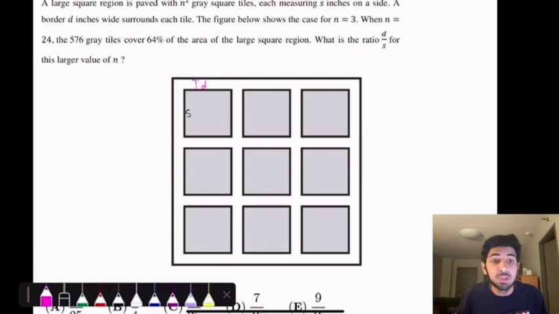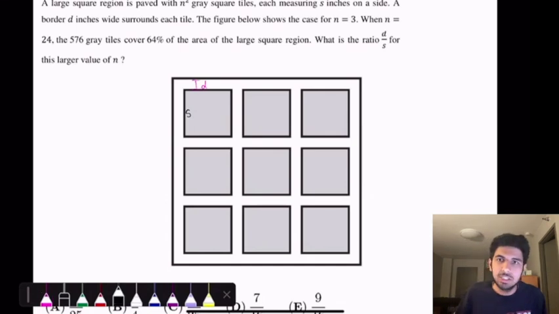Then we're given when n equals 24, the 576 gray tiles, note that 576 is 24 squared, you can double check that just to be sure. The 576 gray tiles cover 64% of the area of the large square region. We've been working a lot with percentages in this video, so let's create a fraction whose quotient will equal 64% or 0.64.